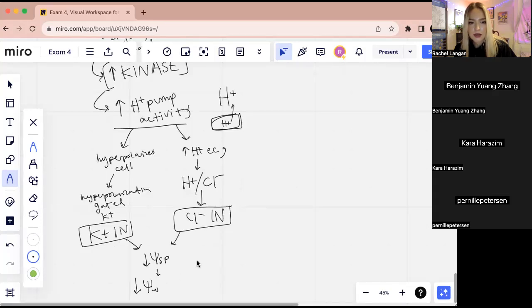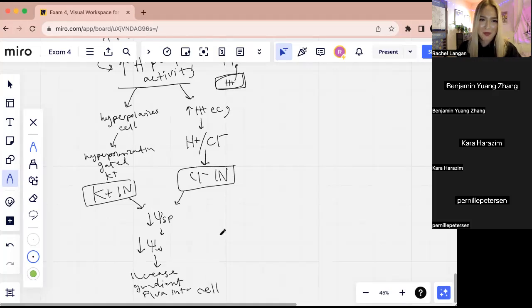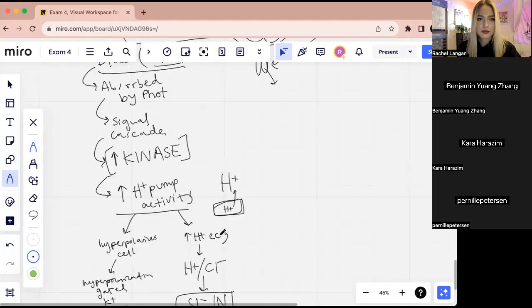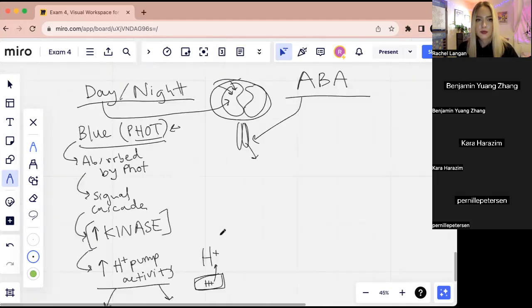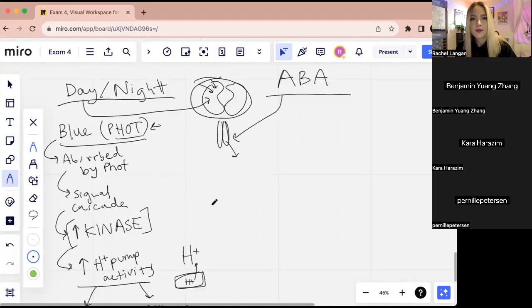So that's going to cause water to move into the guard cell, an increased gradient and flux into the cell.